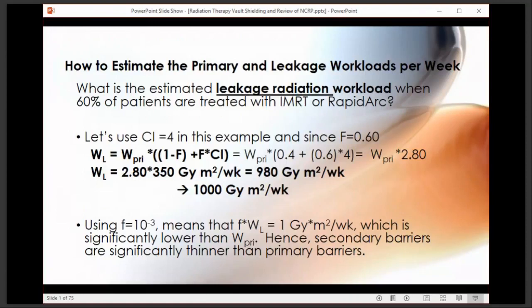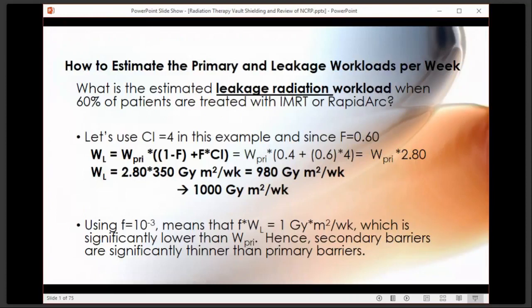So rounding up a little bit, we have 1,000 gray meters squared per week, which is about 50 times higher than our primary. Not 50 times, it requires more shielding. I'm sorry, I'm off track there.